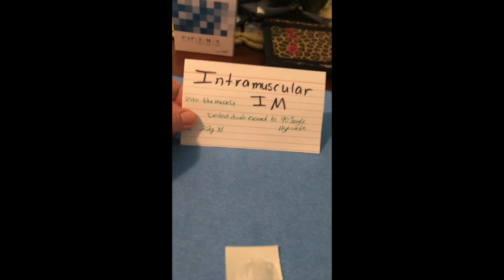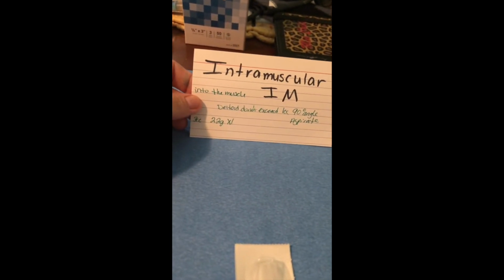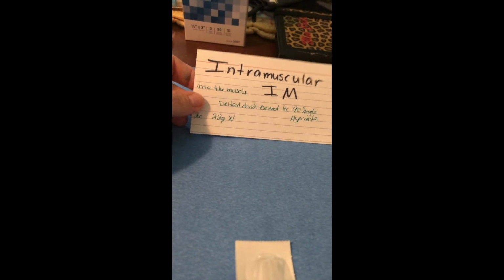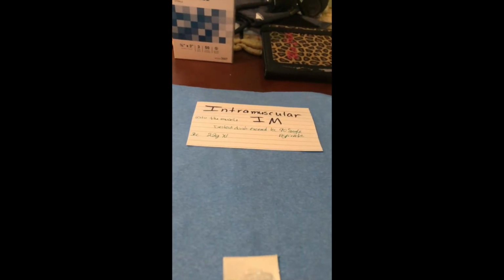And now our intramuscular. We can do this several ways, and there are several places that we're going to talk about. This goes into the muscle. You have your deltoid muscle, which is your arm, where flu shots and vaccines most commonly go.